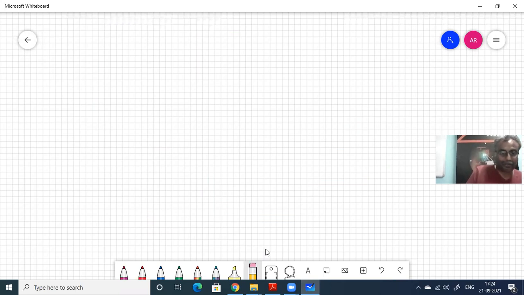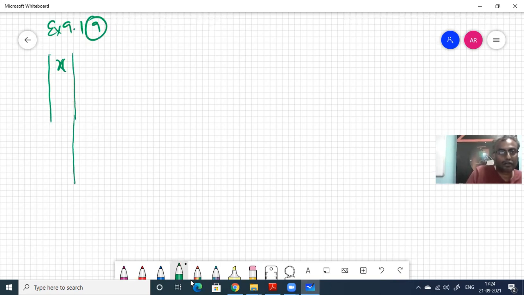Now we'll do the 9th sum. Okay, let us do it. A random sample of recent repair jobs was selected. Estimated cost, actual cost. Now the sum is going to be long because actual numbers are given.